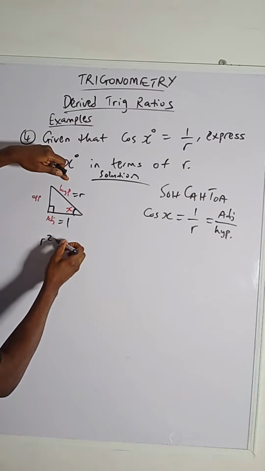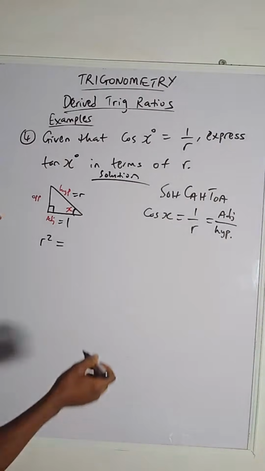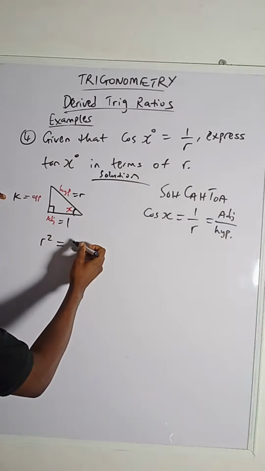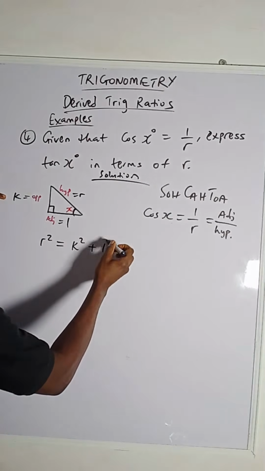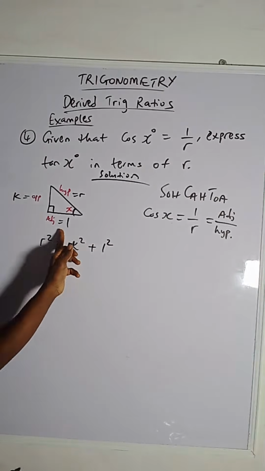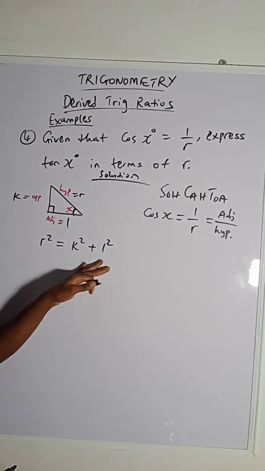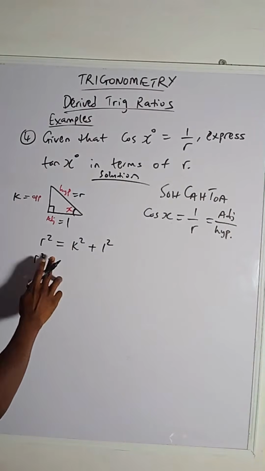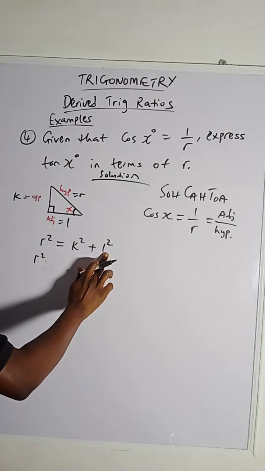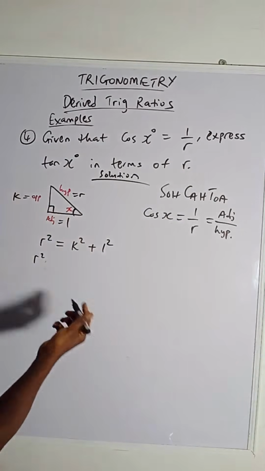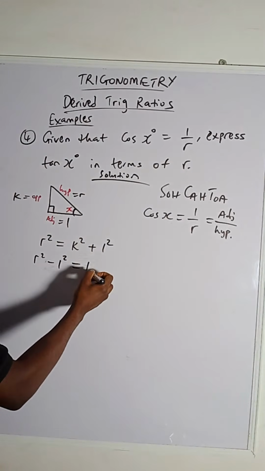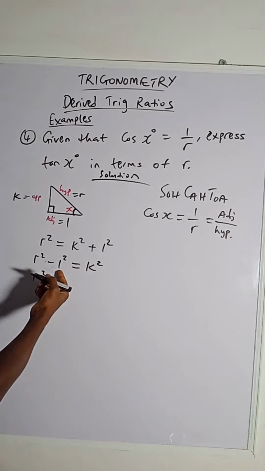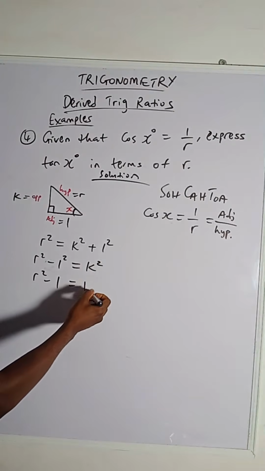The square of the longest side is equal to the sum of squares of the other 2 sides. Let's call the opposite k this time around. So r squared is equal to k squared plus 1 squared. 1 squared is also 1, so let's move it over to the other side: r squared minus 1 is equal to k squared.